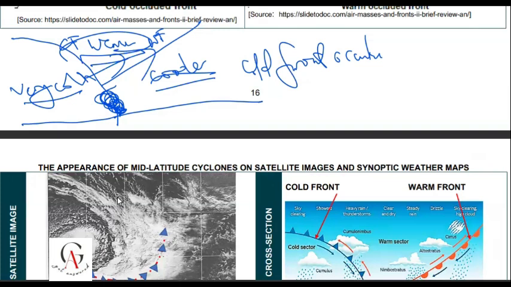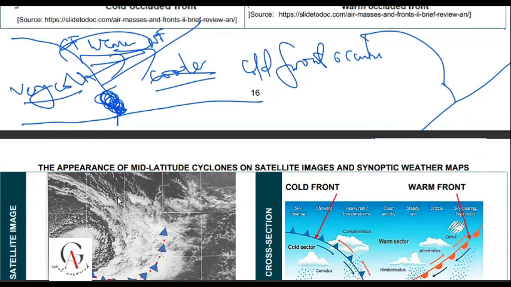And what you call a warm front occlusion, we have this situation. The cold front is here. The warm front is there. The cold front intercepts here and the ground is there. I think you can see the difference there.